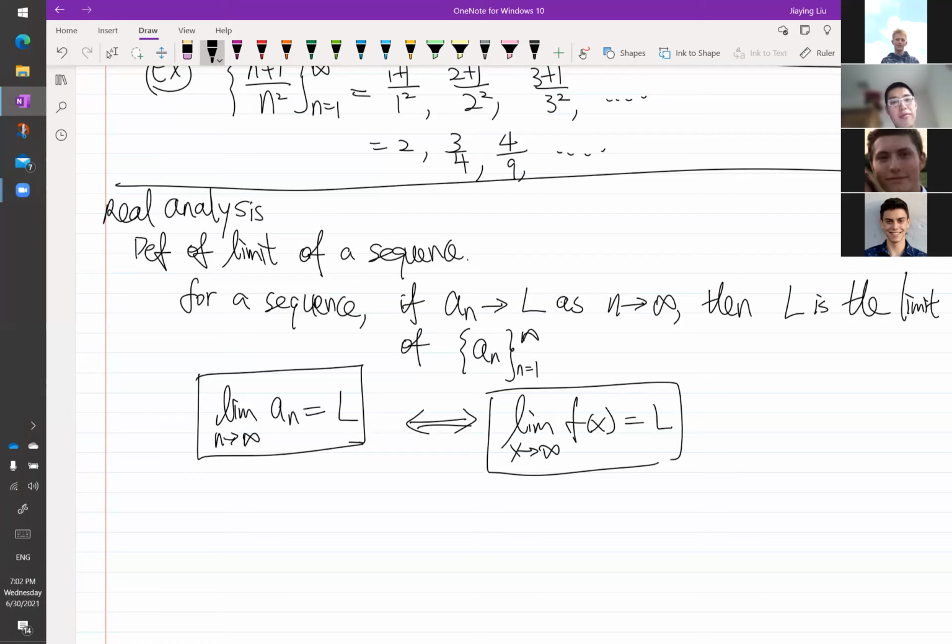An is like the f of x, so an is a formula for the nth element, just like f of x is a y value for a certain x value. But this is discrete because n can only go from 1 to 2 to 3 to 4, right? It's not continuous. This one is continuous.